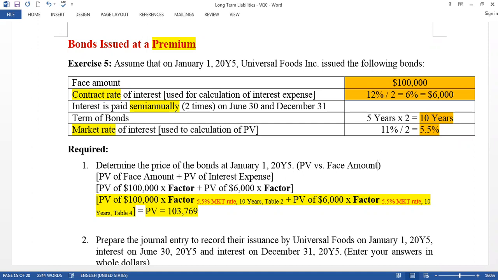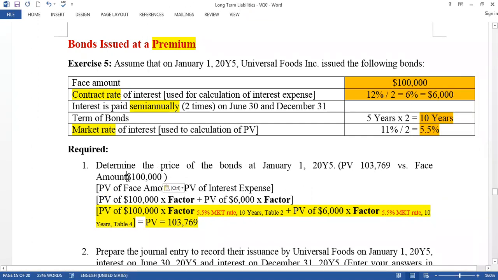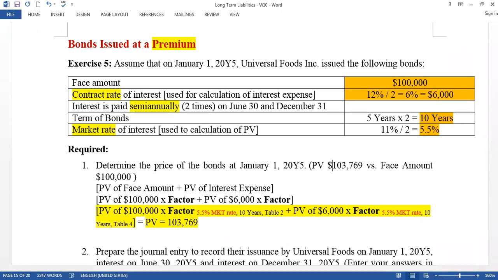So here, present value and the face amount are not similar, right? What is the present value? This is the present value. And what is the face amount? Face amount is $100,000. So we compare present value and the face amount.